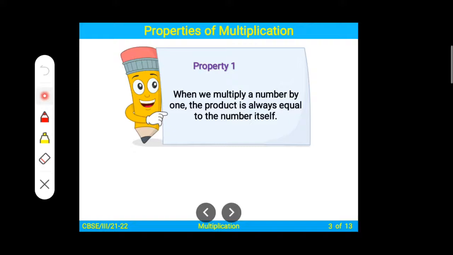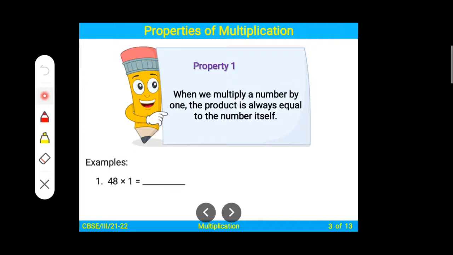So the first property of multiplication: when we multiply a number by 1, the product is always equal to the number itself. जब हम कोई भी नंबर को 1 से मल्टीप्लाई करेंगे, आंसर विल बी सेम.